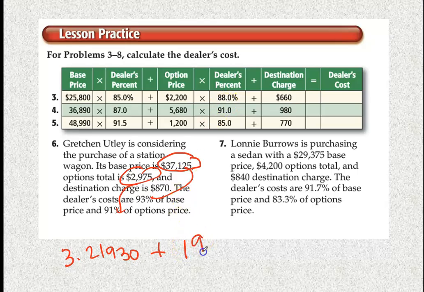And I'm going to get 1,936, plus my destination charge. I am going to get 24,526.